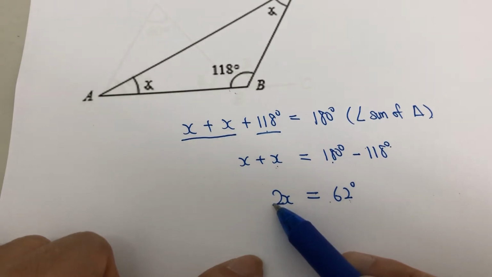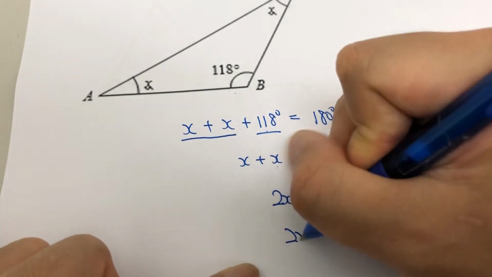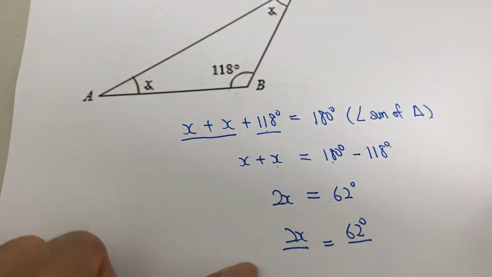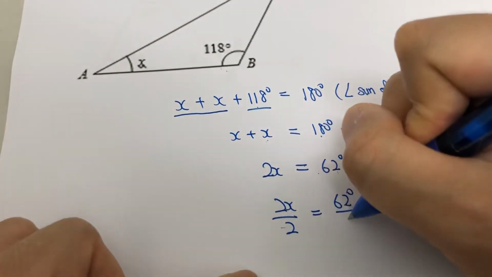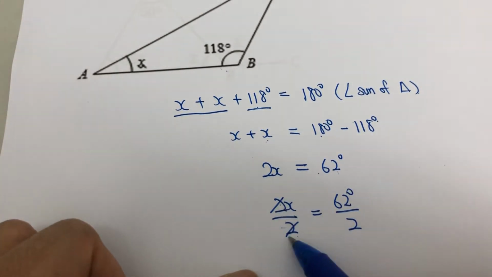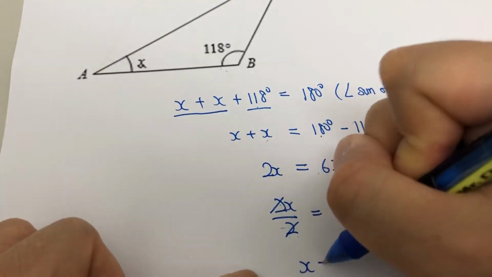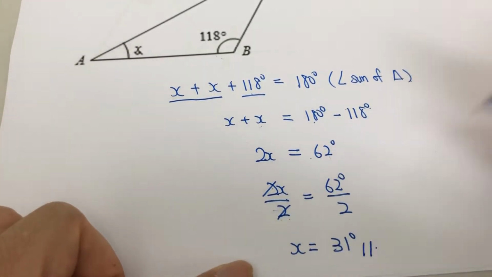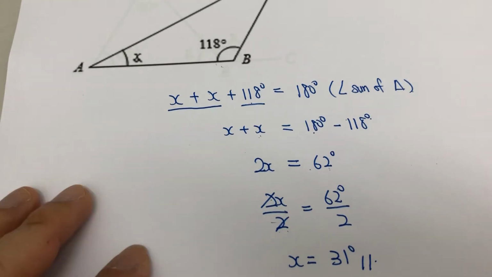So in order to get rid of the 2, we divide both sides by what? By 2, yes. So that the coefficient 2 divided by 2 could be cancelled out. We have x equals 62 divided by 2 becomes 31 degrees. Alright?